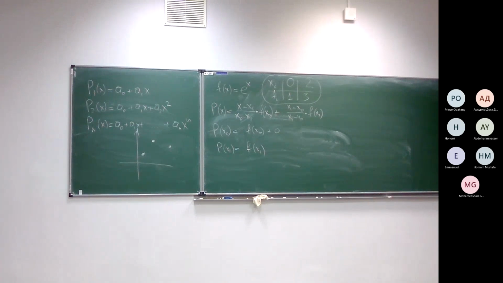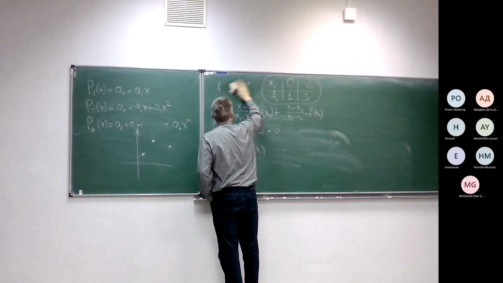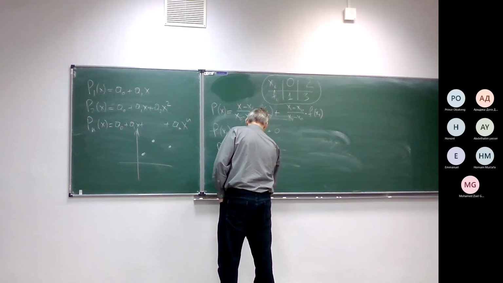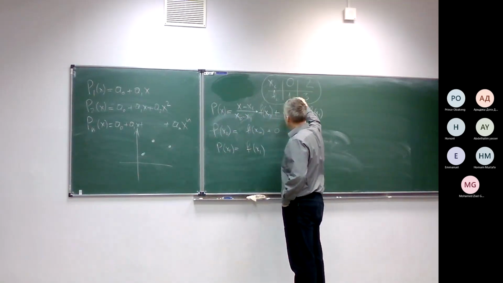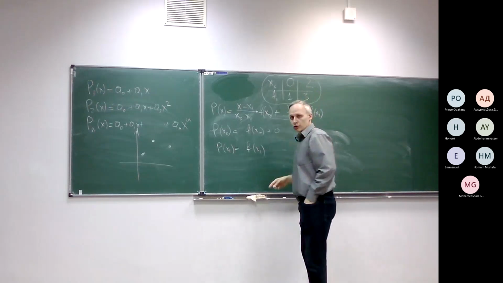Exponential function is just an example. Then it's x plus 1. The values of the function are 1 and 3 at the points 0 and 2.